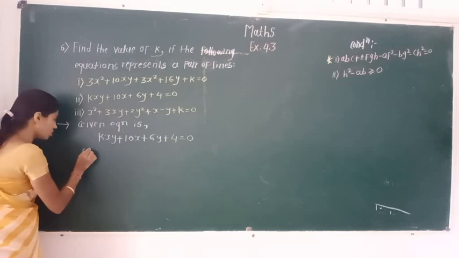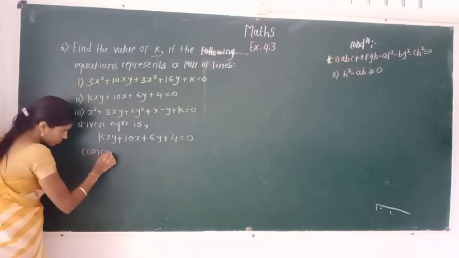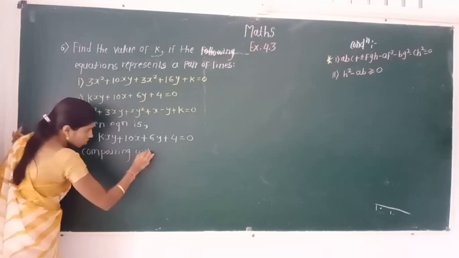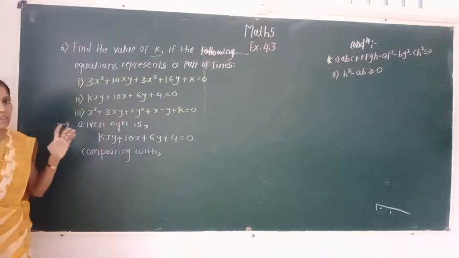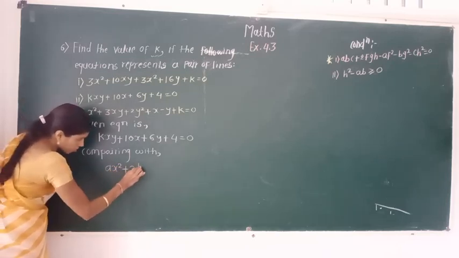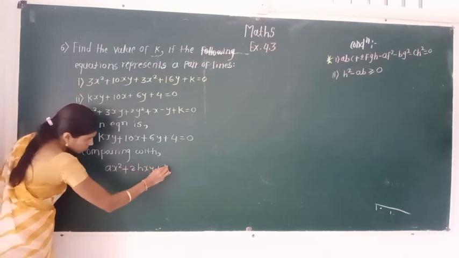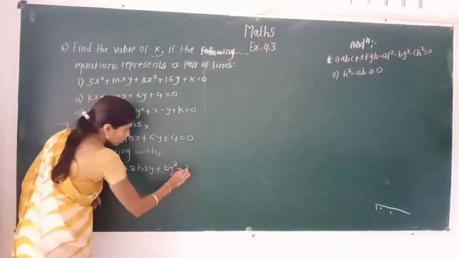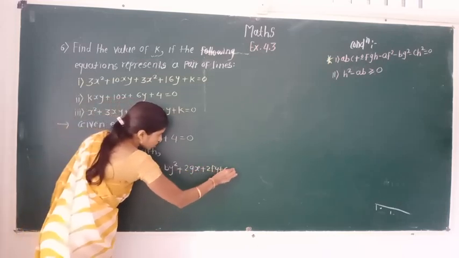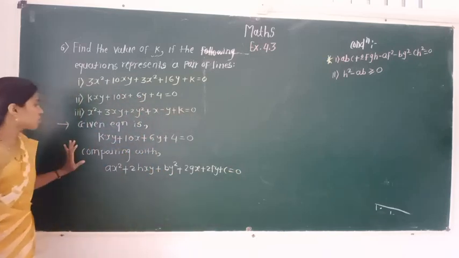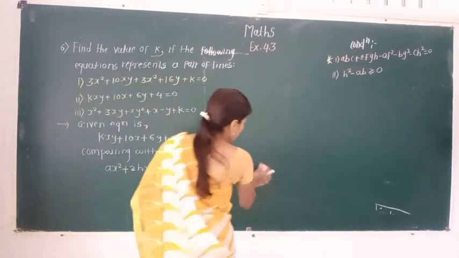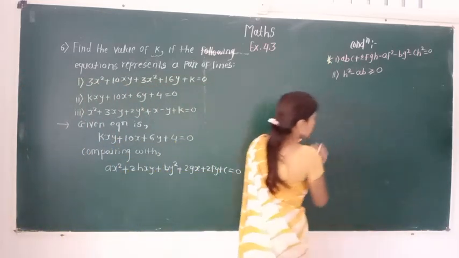Comparing this equation with the general second degree equation, and we know that the general second degree equation is ax square plus 2hxy plus by square plus 2gx plus 2fy plus c is equal to 0. After comparing these two equations, we get the values of ABC and FGH.